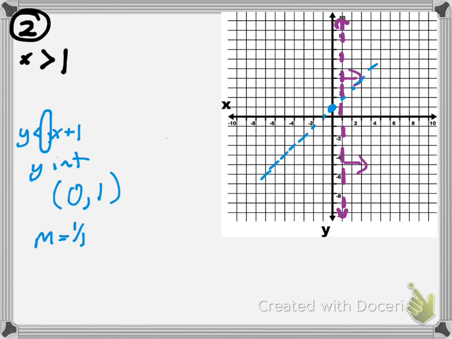So drawing a dashed line, going through 0, 1, with a slope of 1 over 1. And it says y is less than x plus 1.